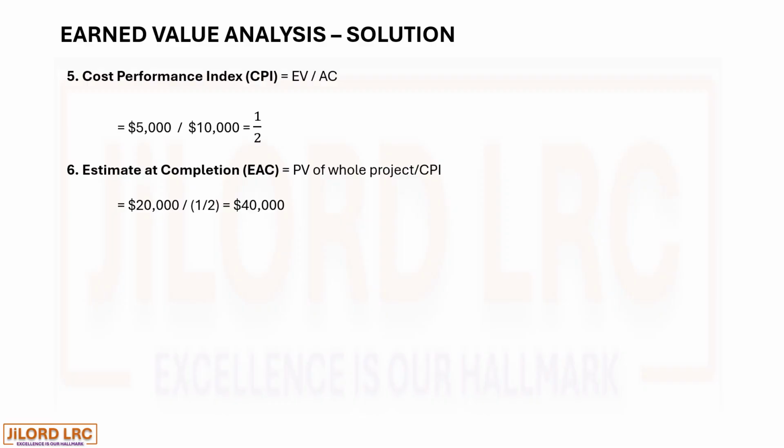So estimatedly, we will require 40,000 to complete the project instead of the 20,000 budget at completion. So we are really getting a cost overrun by double.